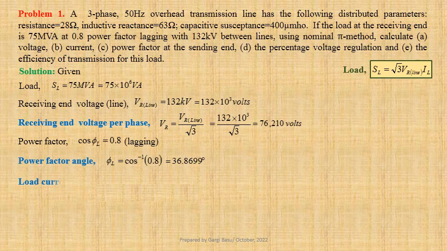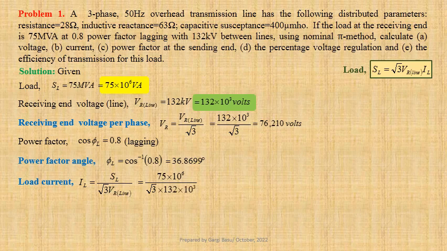Therefore, load current IL equals SL divided by root 3 times VR line. Using values we get 75 into 10 to the power 6 divided by root 3 into 132 into 10 to the power 3. That gives us 328 ampere.